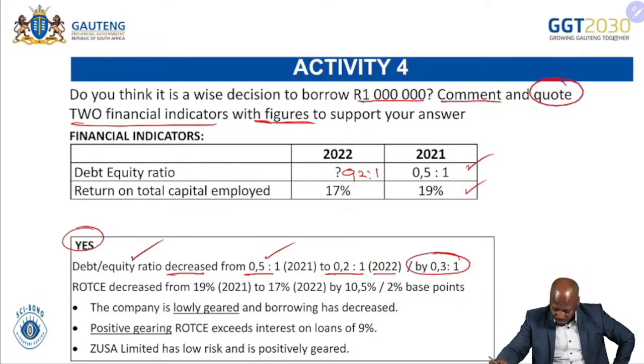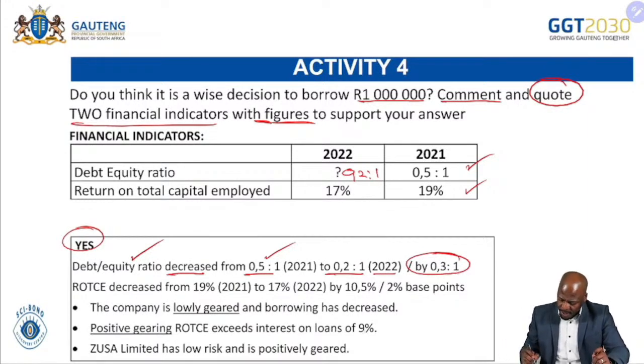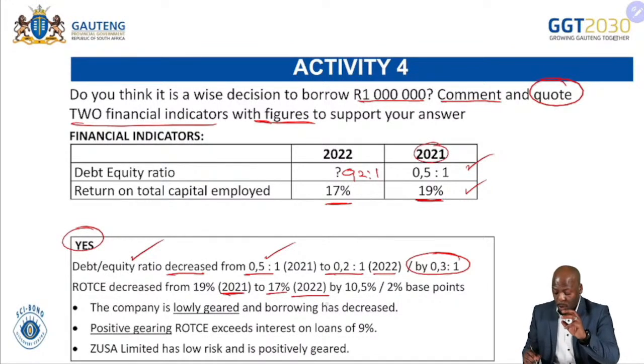When you're commenting on your return on total capital employed, you are now saying it has decreased from 19% to 17%. Okay, it has decreased from 19% in 2021 to 17% in 2022. That is very important. We need to know where is the 19% from, which year? 2021. And it has decreased to 17% in 2022. Okay, so it has decreased by 10.5%.